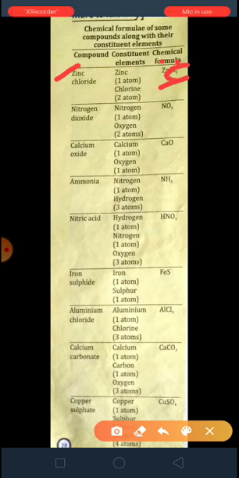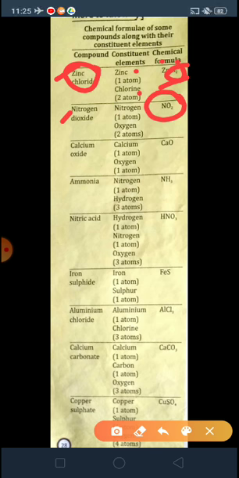Here 2 is written, which means two atoms of chlorine. Two atoms of chlorine and one atom of zinc chemically combine and form zinc chloride. Nitrogen dioxide is NO2: one atom of nitrogen, because N represents nitrogen and O represents oxygen, and 2 means two atoms of oxygen.